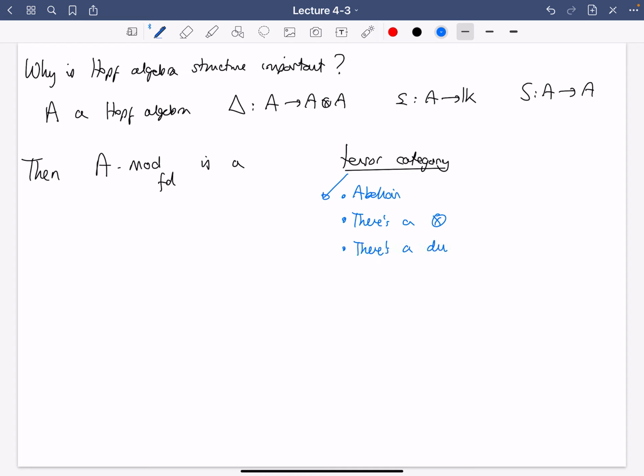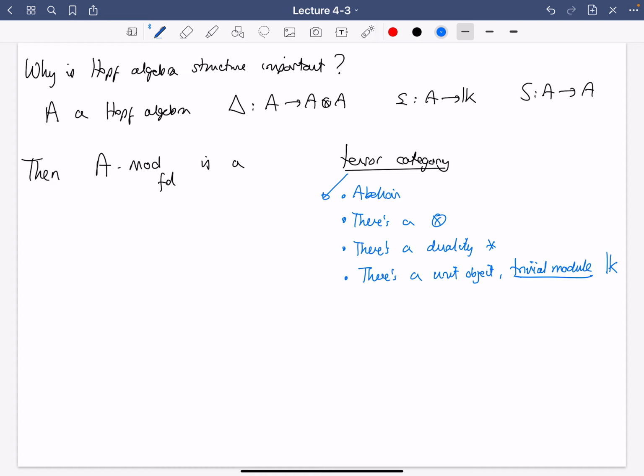There's a duality operation, star, and there's a unit object, called trivial modules is what I usually say in representation theory. So that's just the ground field that you're working over, but there's a kind of distinguished way to make the ground field into a left A module. So how did these all come about?